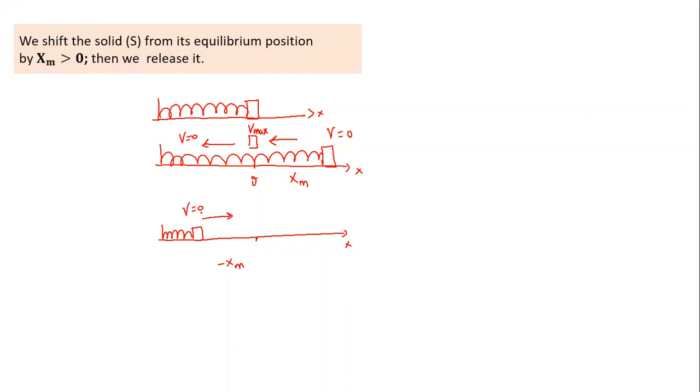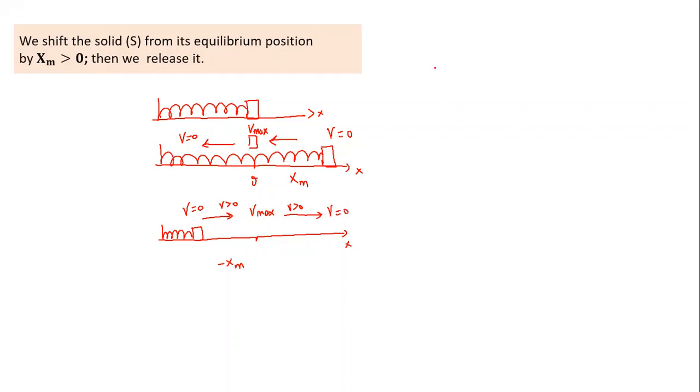V was equal to 0, so V here will increase in order to become V maximum, but in which direction? In the positive direction. So here V will be positive, and then it will continue its motion. Also, V is positive, but the value is decreasing then to become equal to 0 at the maximum elongation.